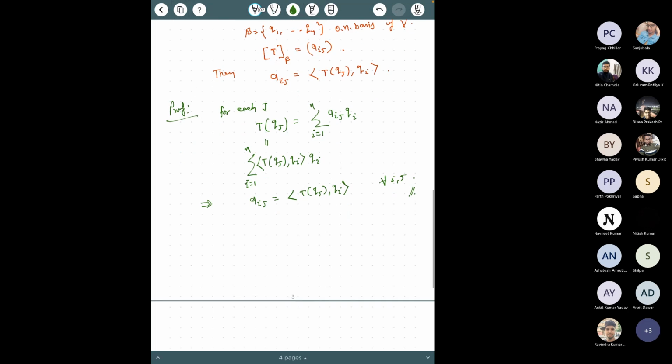Now, using this result, you can actually prove something, which I will give you as an exercise, so you can work this out.